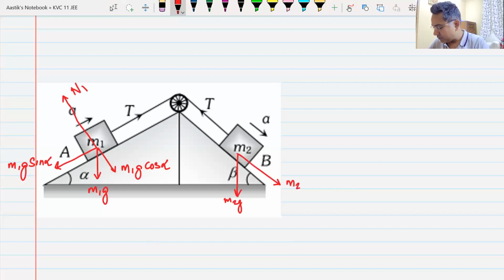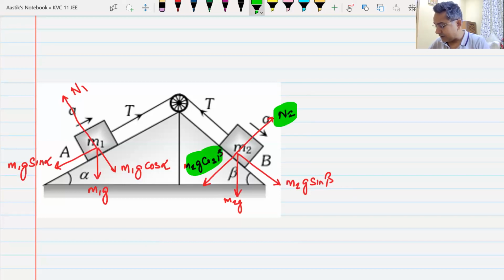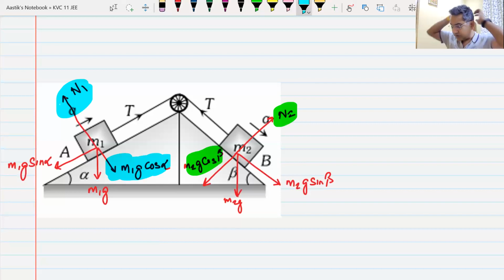This will be M2G sine beta. This would be M2G cos beta. And this one would be N2. As you can see, it is not going to move perpendicular to the plane. So N2 will be equal to M2G cos beta, and N1 will be equal to M1G cos alpha.